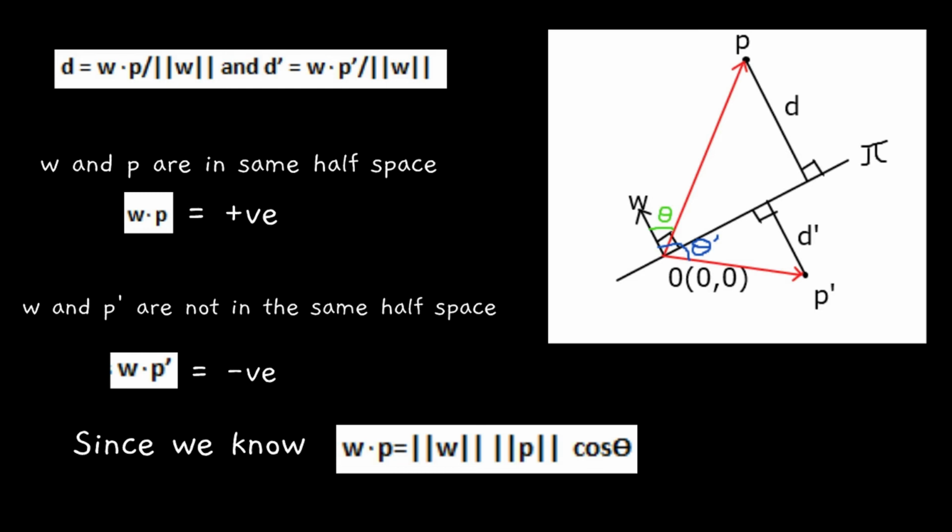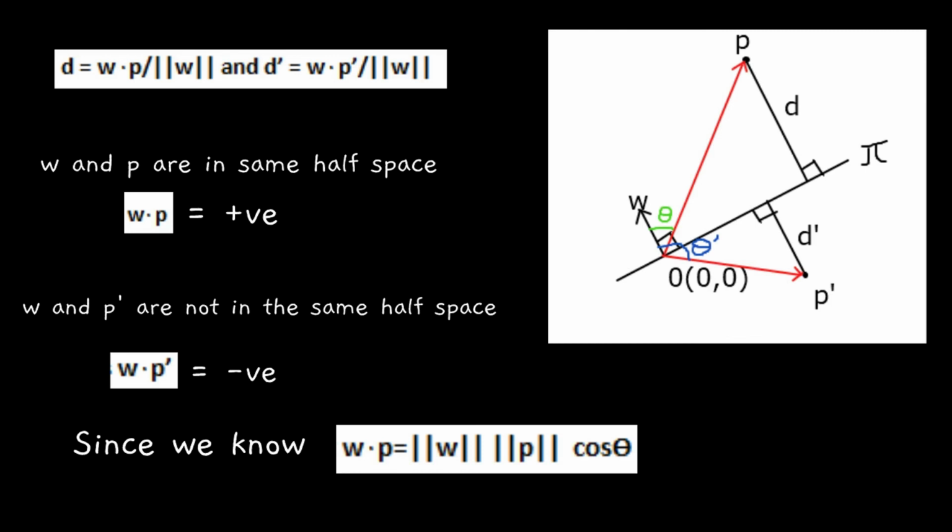So distance would always be positive, but the sign is extremely important here, because it tells me in which half space the point P is, in the same direction as vector W or in the opposite direction of vector W. It means for all the points which are in the same direction as vector W, which is normal to the plane and passes through the origin, their dot product with W would be positive, and for all the points which are in the opposite direction of vector W, their dot product with W would be negative.